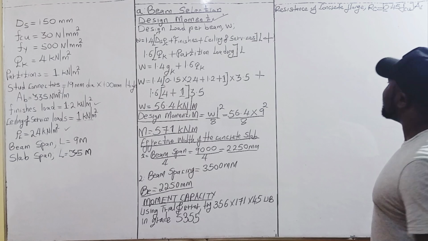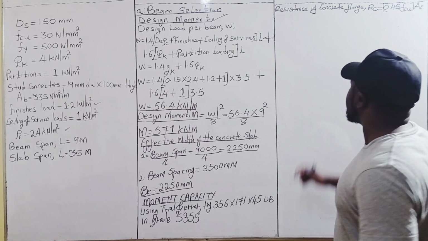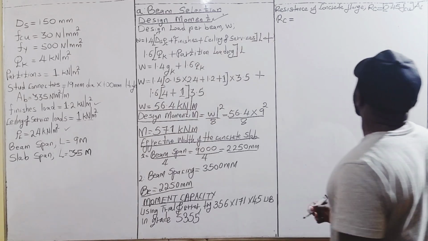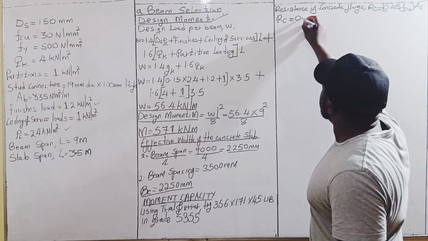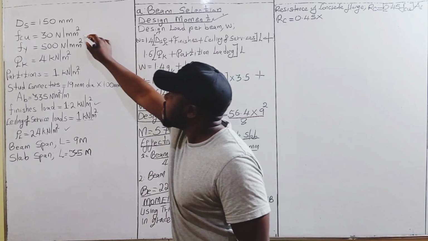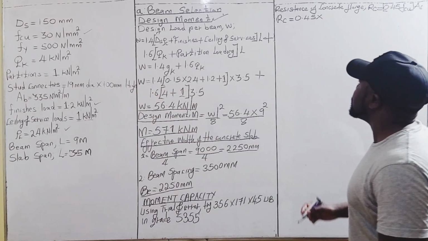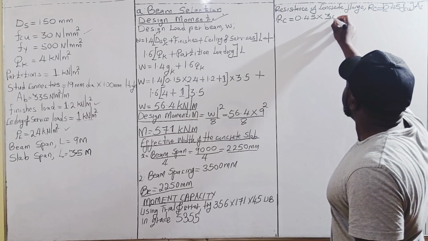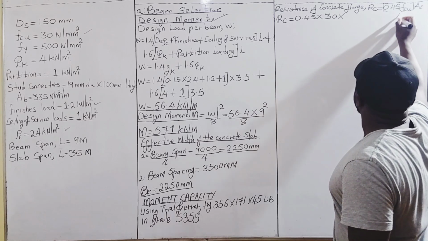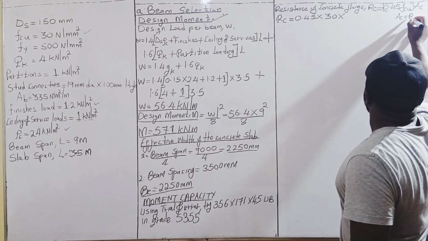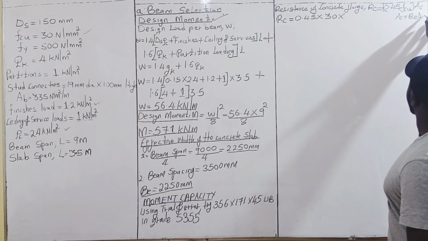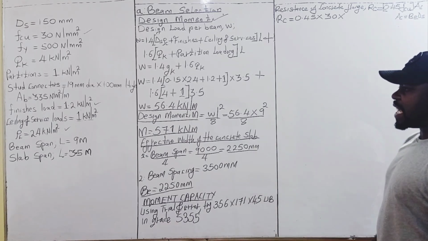That is the area of the concrete flange. And in this case, our RC will be equal to 0.45 multiplied by FCU, which is the characteristic strength of concrete, 30 newtons per square millimeters. We multiply that by 30 times AC, which is given by the effective breadth of the concrete flange times the depth of the concrete flange, that is DS.